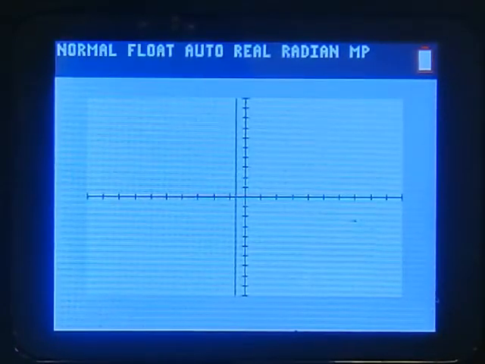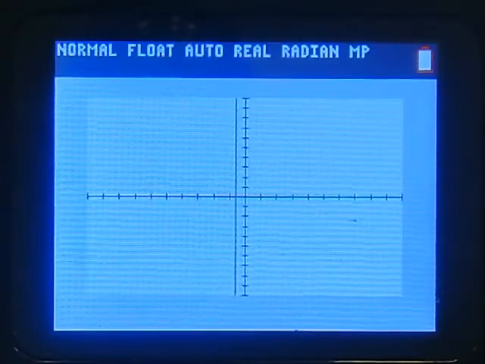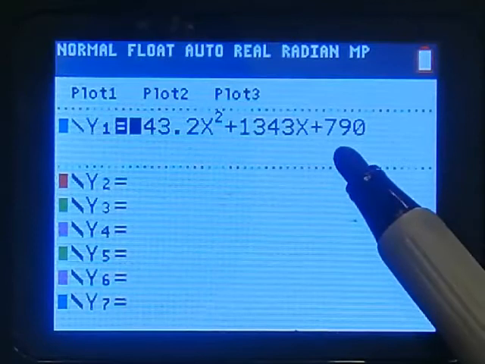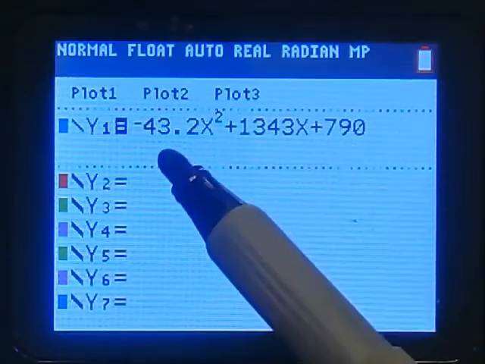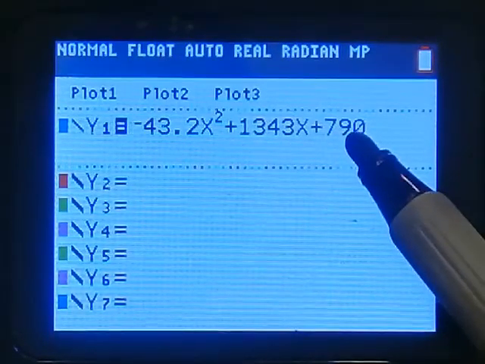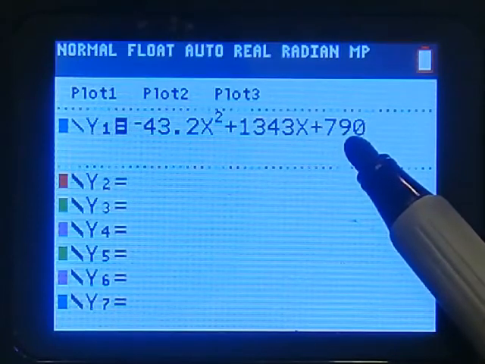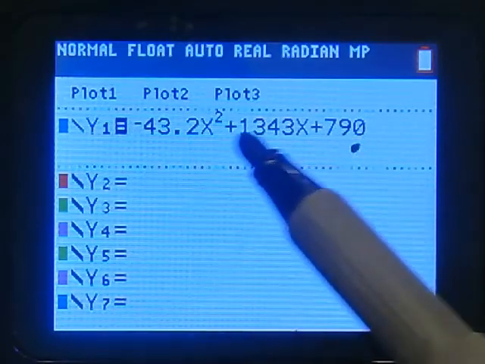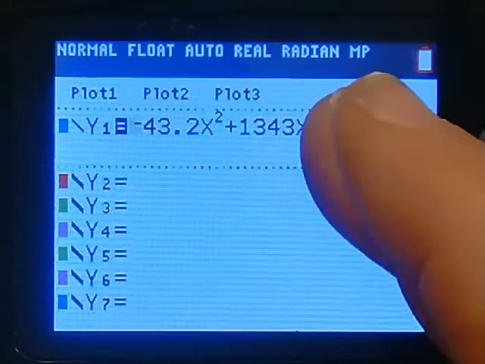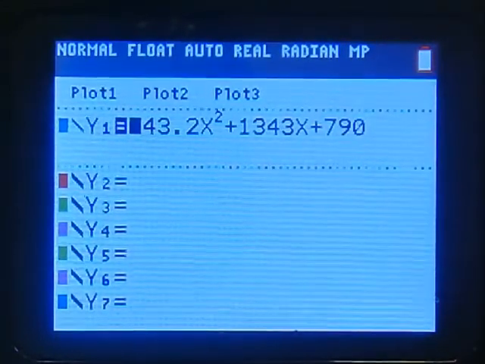Well, what's the problem? The problem is I'm looking way too close to this. You'll notice that our function has a y-intercept of 790. If x is 0, this has to go clear up to 790. So I'm not even close to the vertex at the top there.